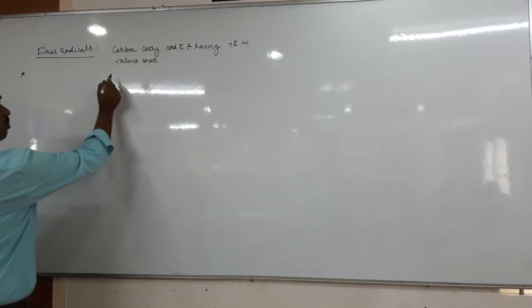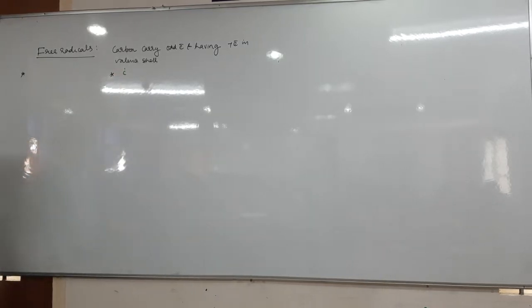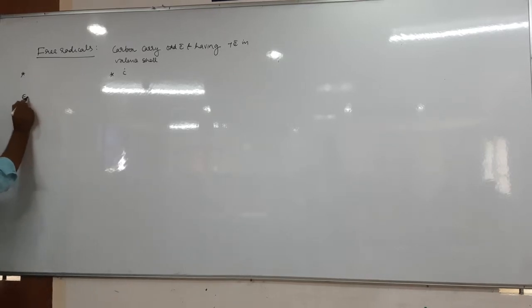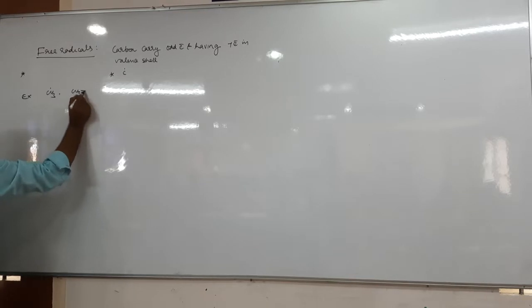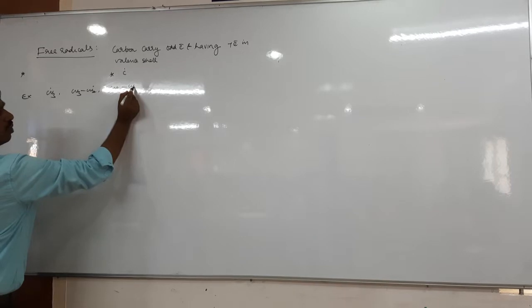So they are denoted by carbon with a dot. For example, methyl radical, ethyl radical, propyl radical, many more can be written.